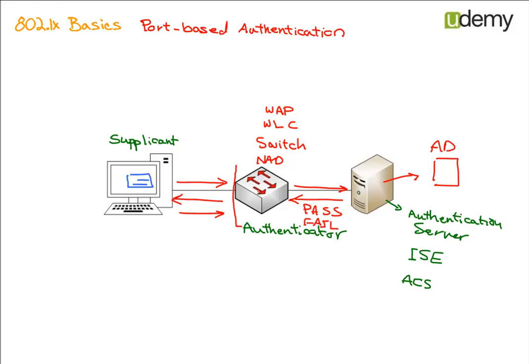And if the user is valid, the switch allows the PC or the user to connect to the network. Okay, how do these conversations take place, or with what protocol? The communication between supplicant and authenticator is done through a protocol called EAP, Extensible Authentication Protocol.